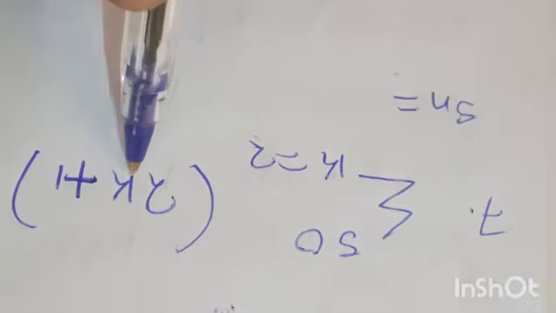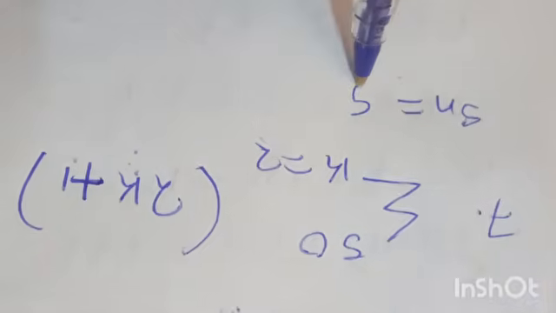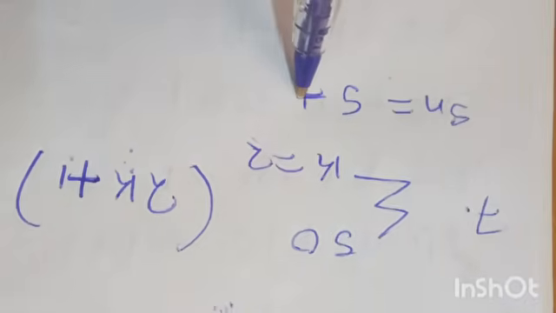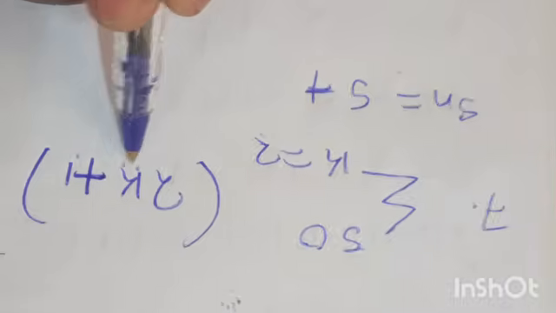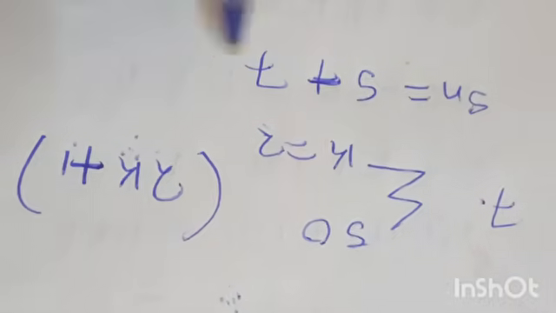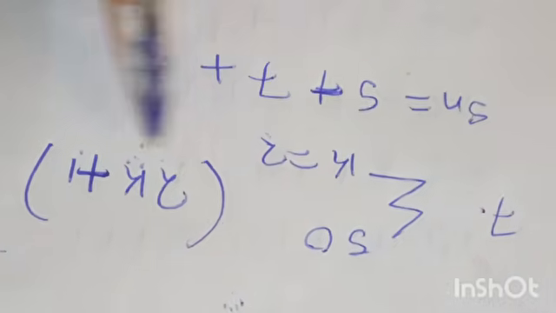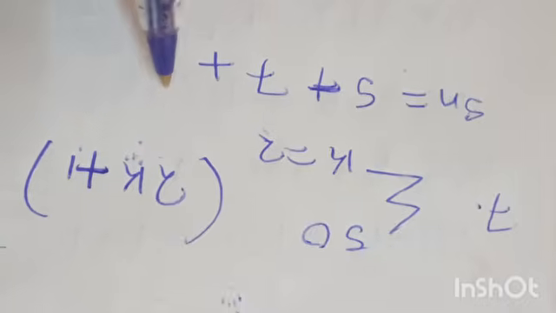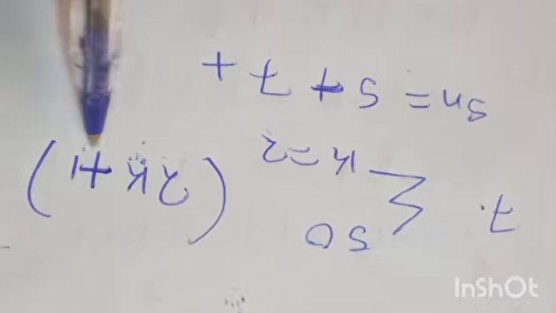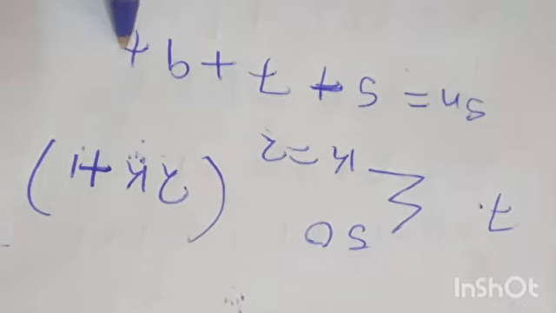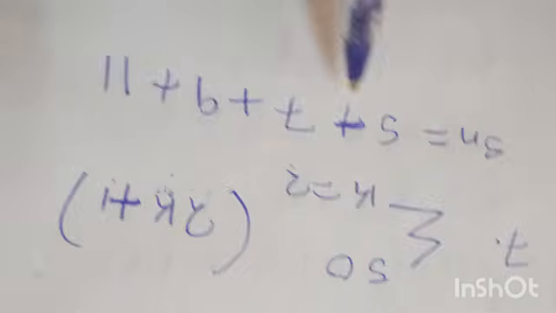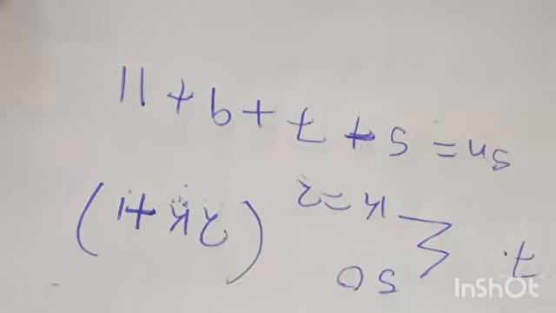Our first term will be, when you put 2 here, 2 times 2, 4, plus 1, 5, then plus, after 2, the next number is 3. 2 times 3, 6, plus 1, which will be 7, plus, after 3, 4. So 2 times 4, 8, plus 1, 9. Then we're going to have plus 11, because we know the difference is just 2 in between these numbers. Then plus, it goes on and on.